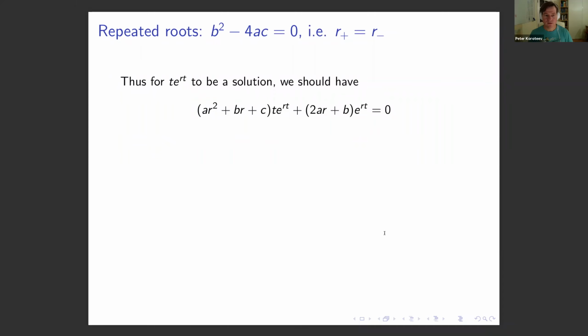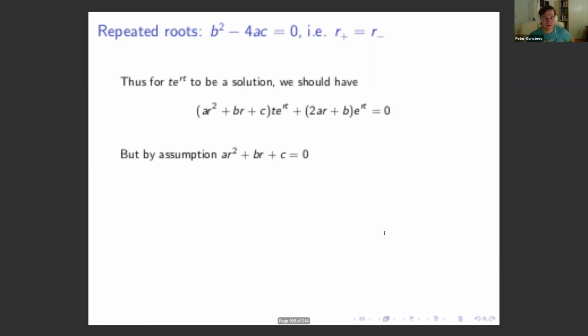So in order for this to be a solution, we should have this thing to be satisfied. Now, by assumption, this is already equal to 0, right? So that was our characteristic polynomial, auxiliary polynomial.